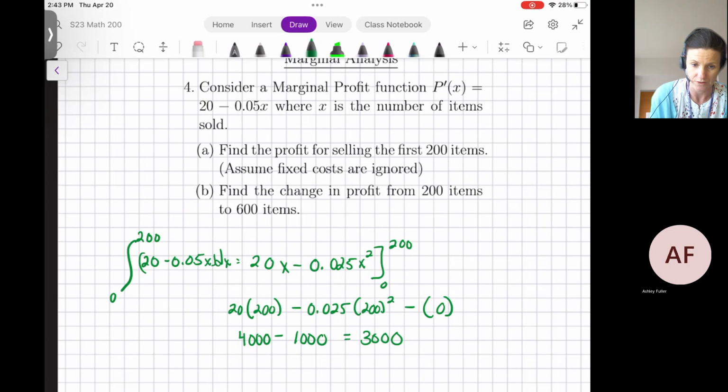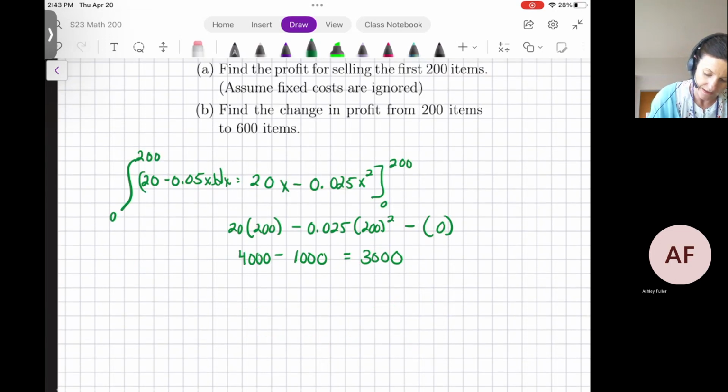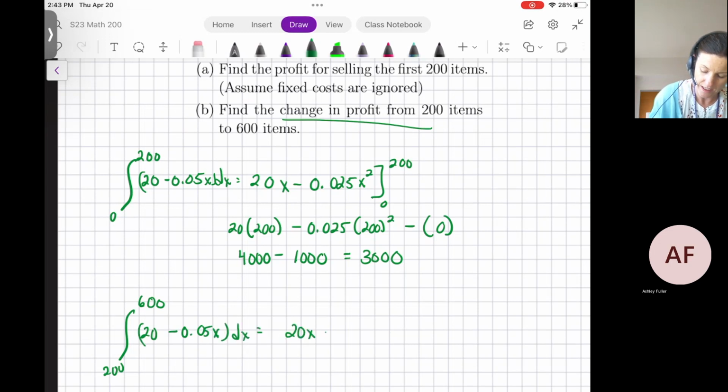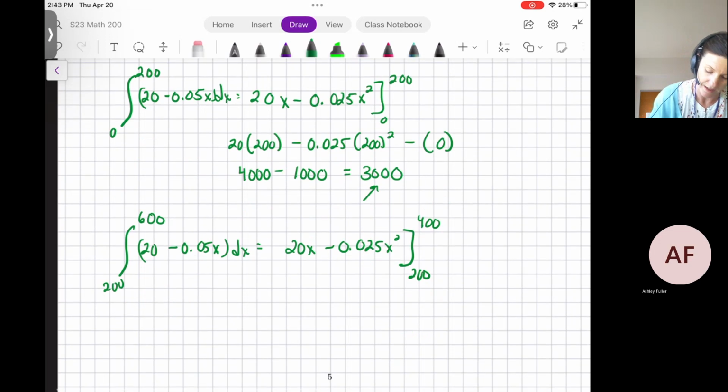from 0 to 200. We could also then calculate the change in profit from 200 to 600 items by going 200 to 600 of 20 minus 0.05x dx. Notice we're going to have the same antiderivative as we did before, but this time we'll be evaluating it from 200 to 400. We know the value when we plug in 200 is 3,000.